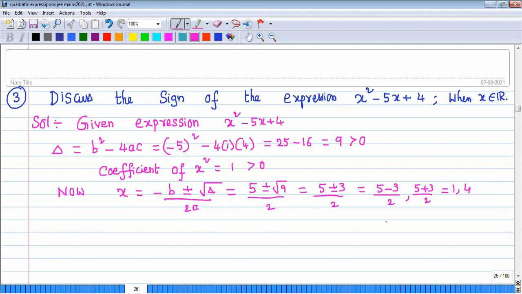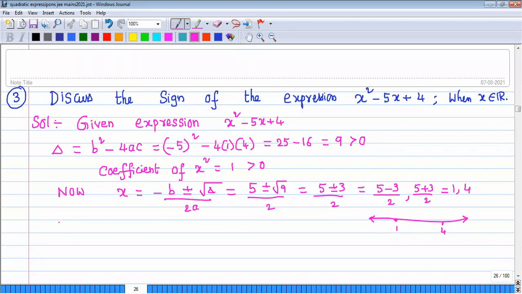So take the number line, for example. This will be 1, this will be 4. First we discuss positive, after that negative, or you can go the other way as per the theorem.